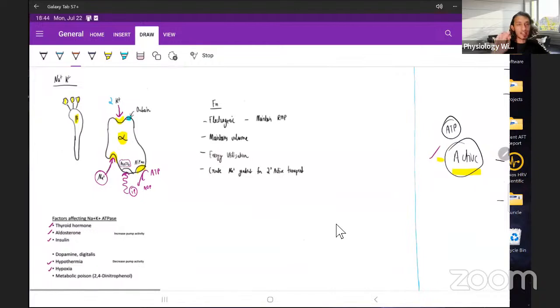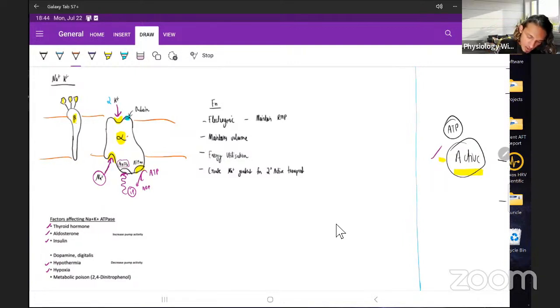Okay, so you have to draw the diagram of sodium potassium ATPase. You have to mention how it has an alpha and a beta subunit in a membrane. Now, this alpha subunit is what you have to be primarily concerned with. In the alpha subunit, there is one area where ATPase activity is there.